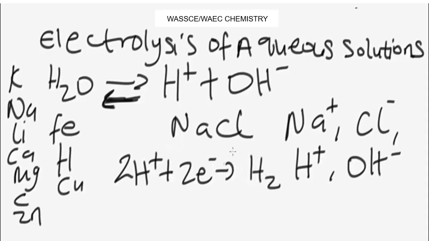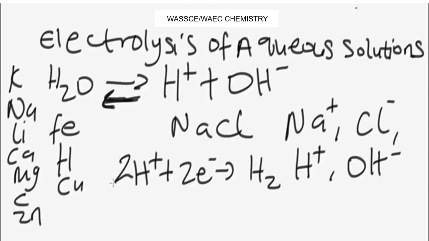So in an electrolysis of an ionic compound, if the metal involved in the solution is more reactive than hydrogen, hydrogen will migrate to the cathode to get reduced in order to produce hydrogen gas. The other way around, if the metal involved is less reactive than hydrogen, the metal will migrate to the cathode to get reduced to its neutral form, the atom of the metal.